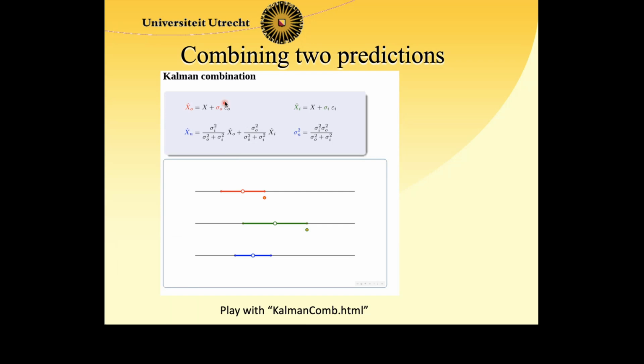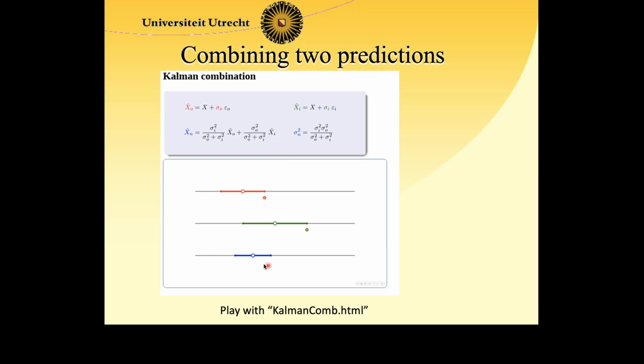This one has an error E0 and this one has an error EI, and the errors are standard Gaussian random variables, and sigma 0 and sigma I are the respective standard deviations. In this case, you can see that the standard deviation of the green one, sigma I, is a little bit larger than sigma 0, the red one.